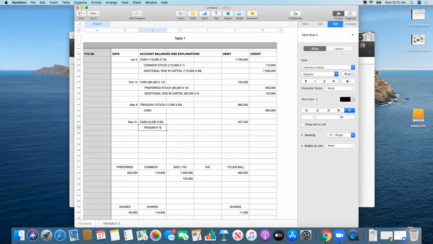Credit treasury stock at cost: 5,500 times 60. 5,500 times 60 is 330,000.